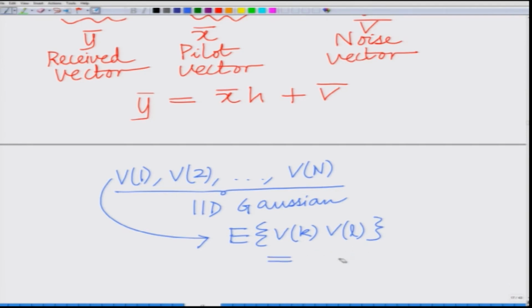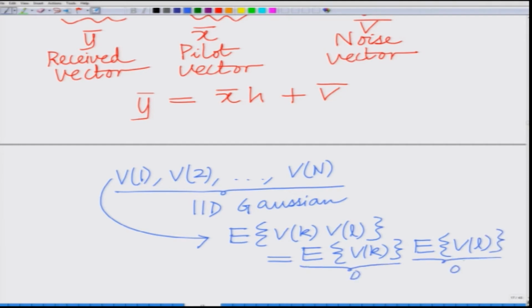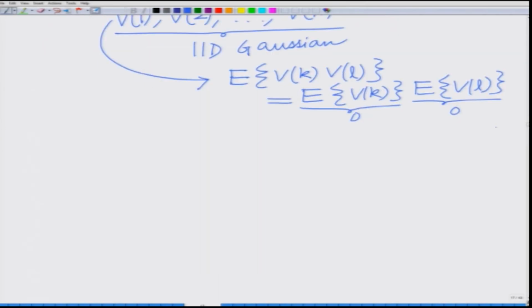For k not equal to l, this is the expected value of Vk times the expected value of Vl, and since both these expected values are 0, this equals 0.